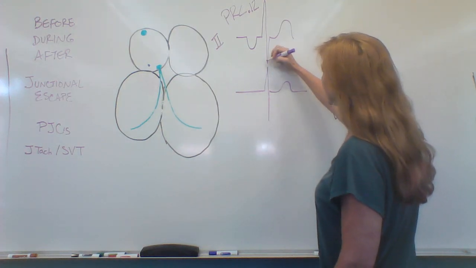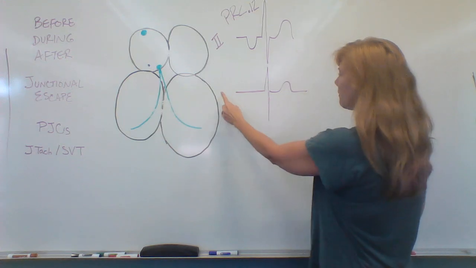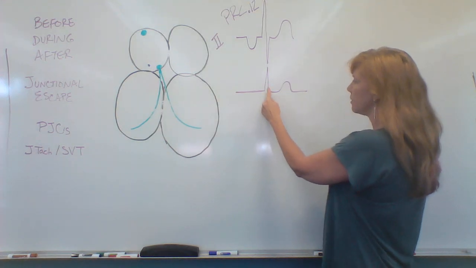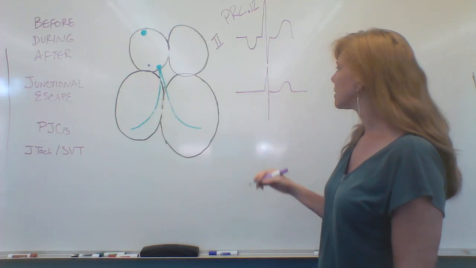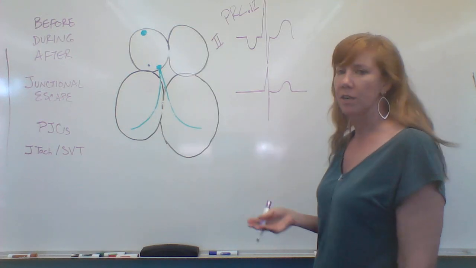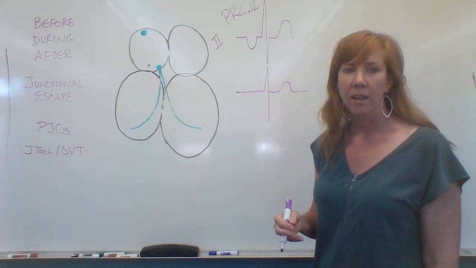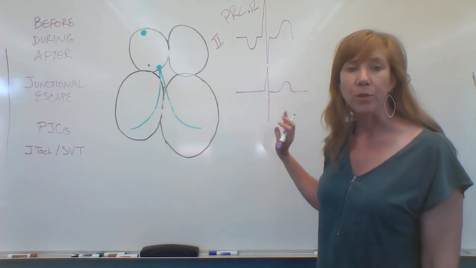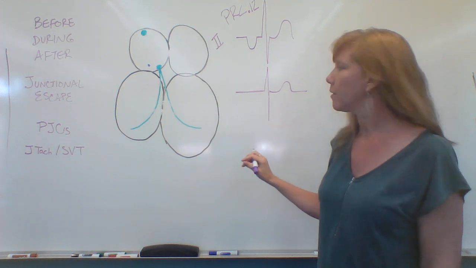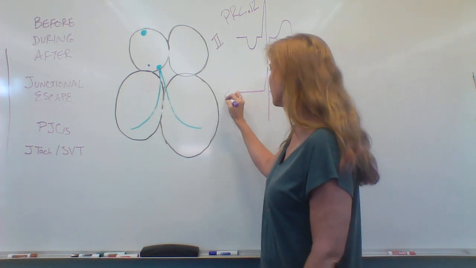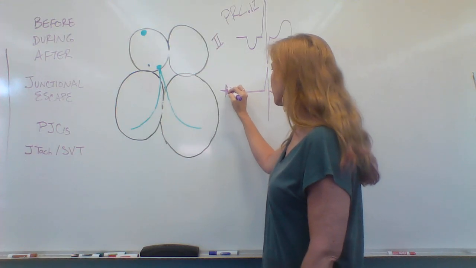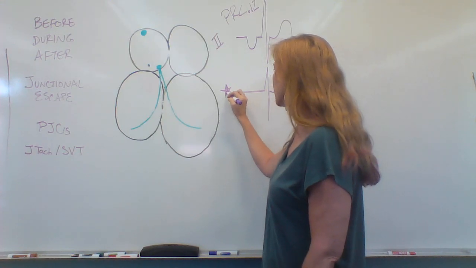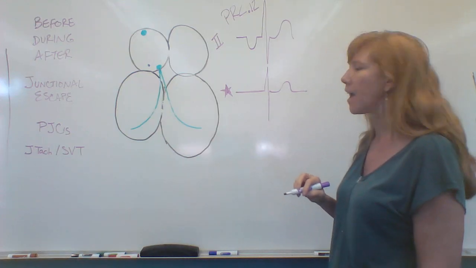So what's going to happen in this case is you're just going to have a flat line, normal looking QRS and a T.